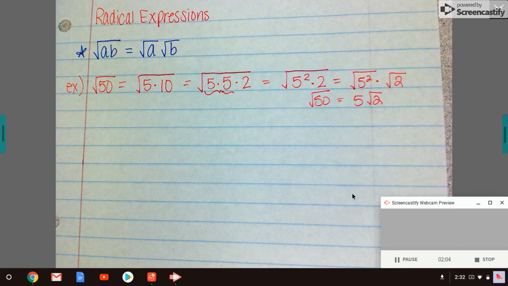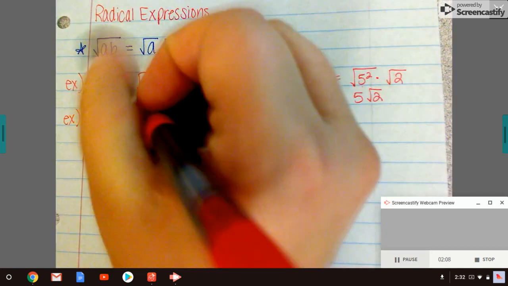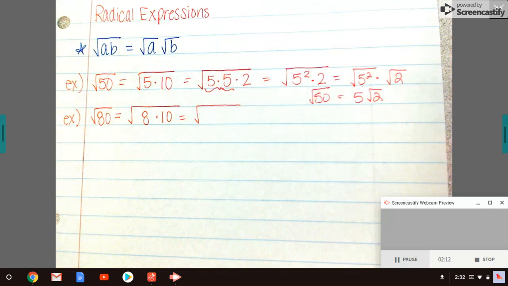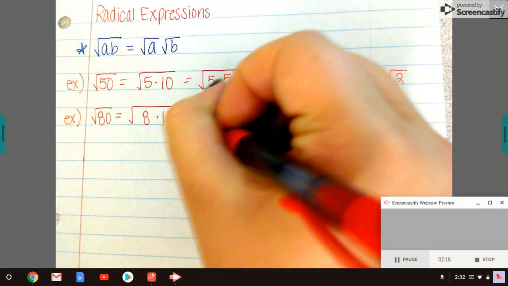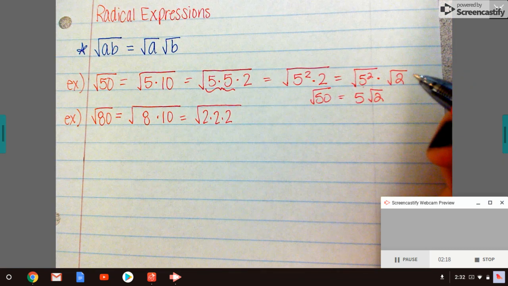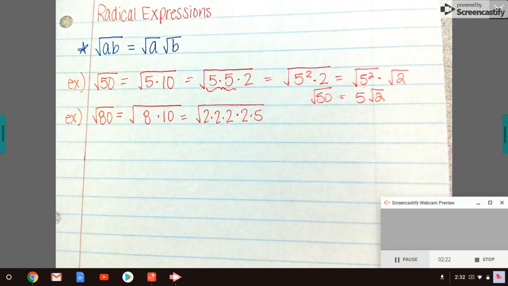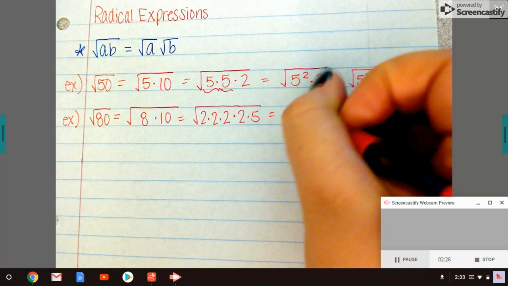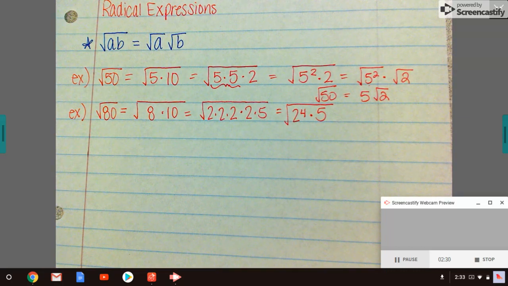Let's do another one. Let's look at 80. So for the prime factorization of 80, I know that it is 8 times 10, and 8 is 4 times 2. Actually, let's make 8 be 2 times 2 times 2. And 10 is going to be our 5 and our 2. So I've got 2 to the 4th times 5, all under the radical now.